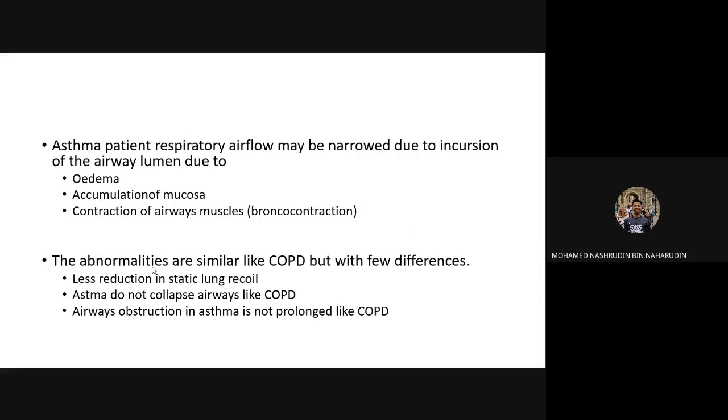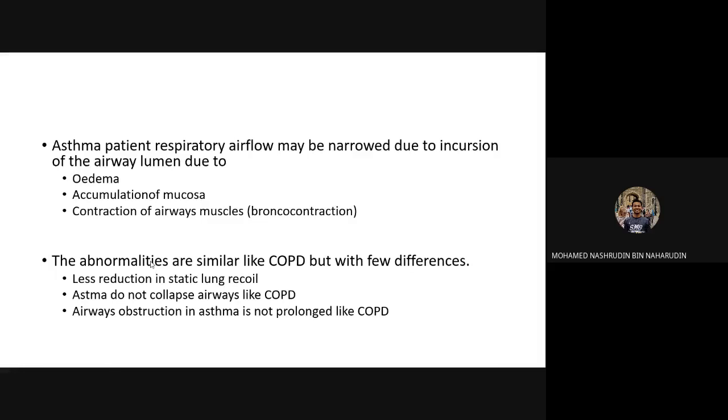And then in asthma patients, respiratory airflow may be narrowed due to encroachment on the airway lumen, meaning narrowing of the airway lumen due to edema, accumulation of water within the smooth muscle fibers in the airways, and accumulation of mucus, and then a contraction of the airway muscles as well.